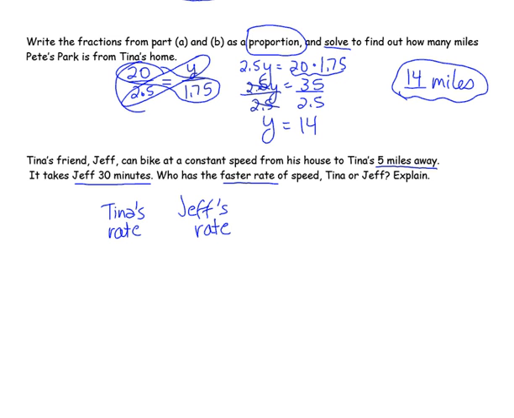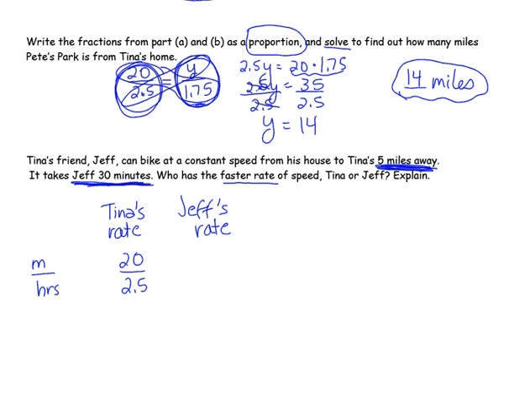We know that Tina's rate is 20 miles in 2.5 hours. And again, this is miles over hours. Jeff's rate is given right here, 30 minutes and 5 miles.